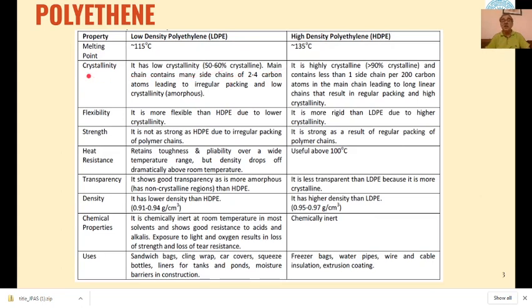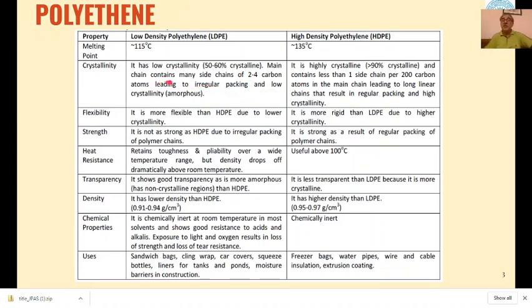So even on the basis of melting point, we can differentiate between low density and high density polyethylene. Then crystalline nature. The low density polyethylene LDPE has low crystallinity. So this is 50 to 60% crystalline, whereas high density polyethylene is more than 90% crystalline. So on the basis of crystal structure also, we can differentiate between LDPE and HDPE.